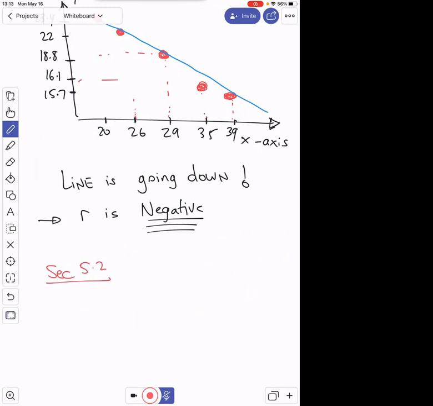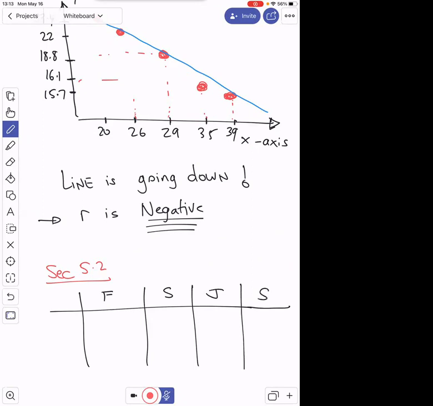So we have this table, with freshman, sophomore, junior, and then senior, right?